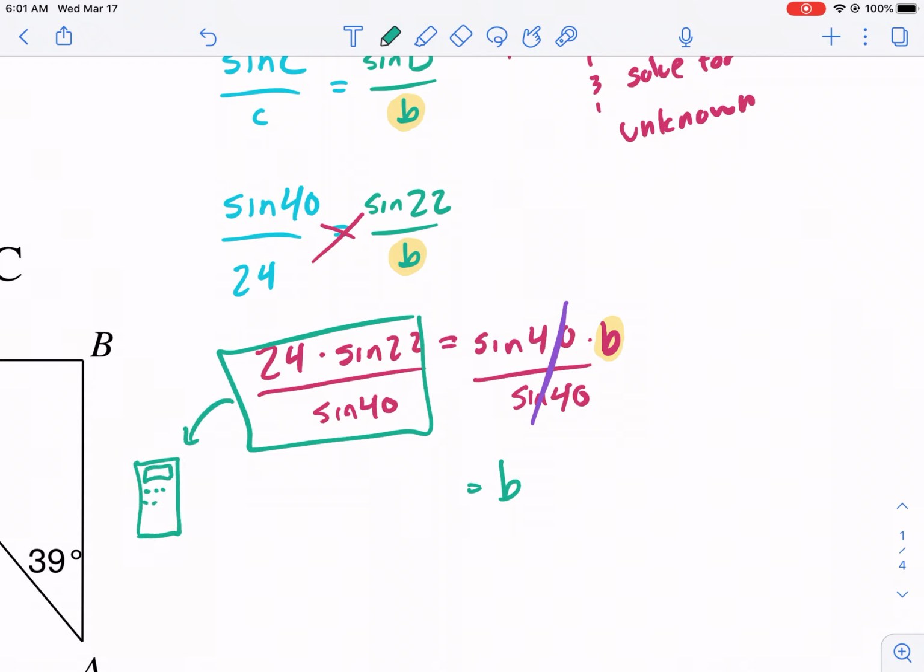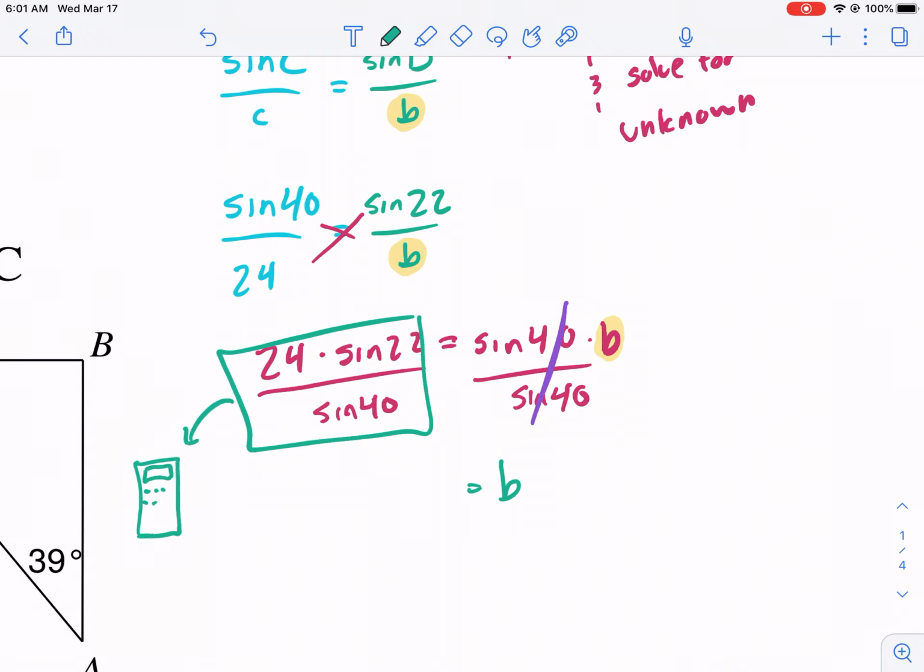Let's see if we can do it a little bit quicker this time. Here's one. We're looking for AB, and we're going to call it c, because we see here that angle C is 63. So we're looking for sine C over c, because we're looking for side c.